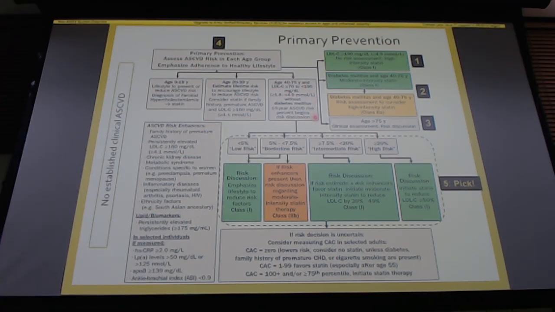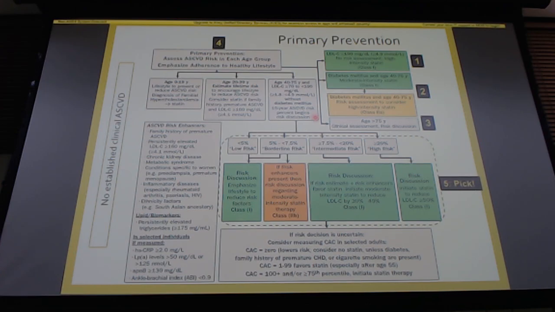So, 40 to 75 years old, typically we want to have a target LDL of less than 70. So if this person is over 70, but they're less than 190, because remember when I'm over 190, you're giving me my high intensity, right? So this person, they're over the goal of what I typically want to see of 70, but they're not horrible at that 190.